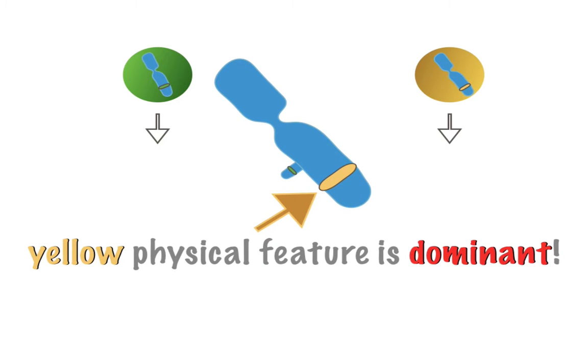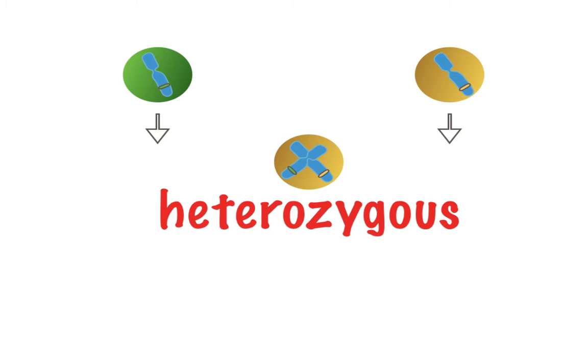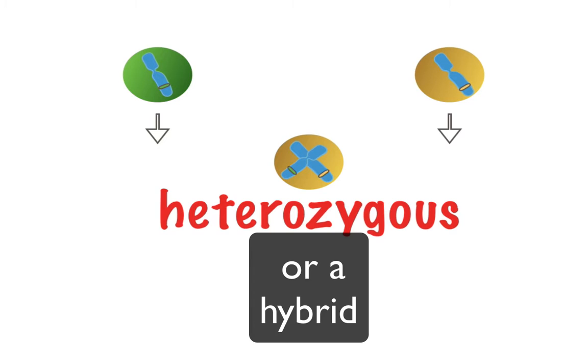Okay, so we have now a fertilized pea, and it has again the genetics for either yellow or green, right? But being that the yellow is the physical dominant trait, then the appearance of this pea is always going to be yellow. And this is what's called a heterozygous, or a hybrid.